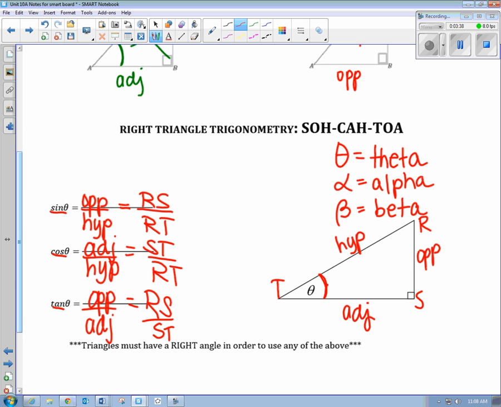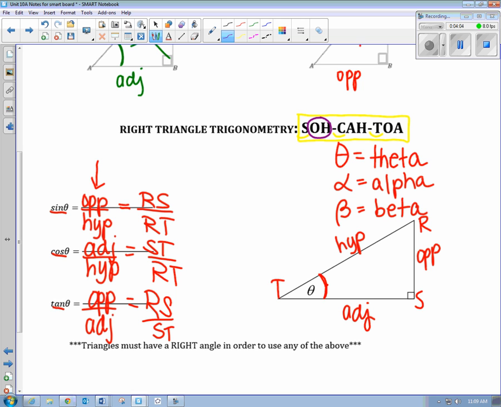Your job is to know what the definition of each of them are. In here, we do have a mnemonic device that we use to help us remember that, and the mnemonic device is called SOHCAHTOA. The S stands for sine, the C for cosine, the T for tangent, and the next two letters that you see there are the letters that represent the ratio.